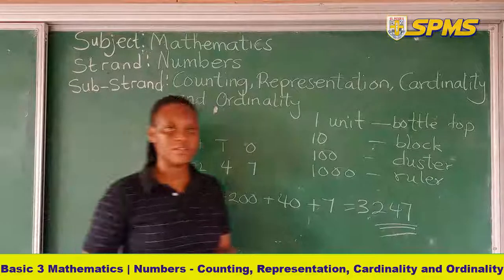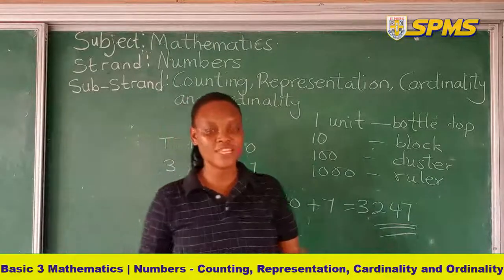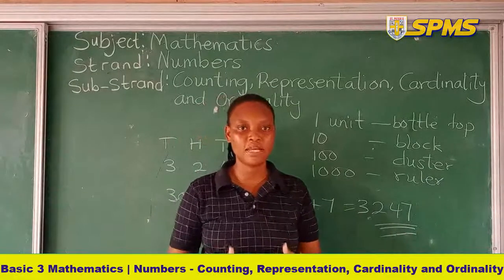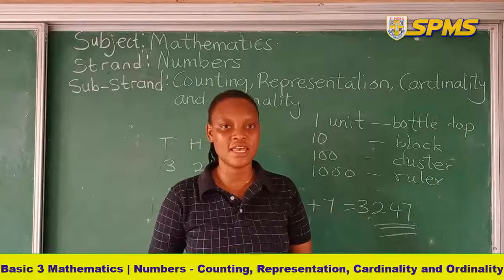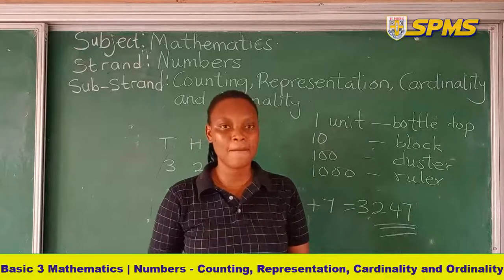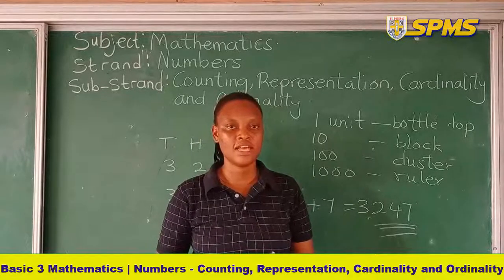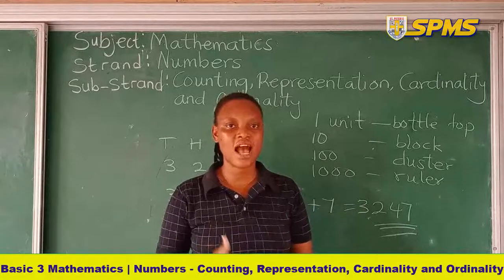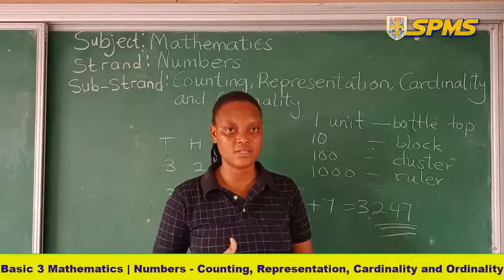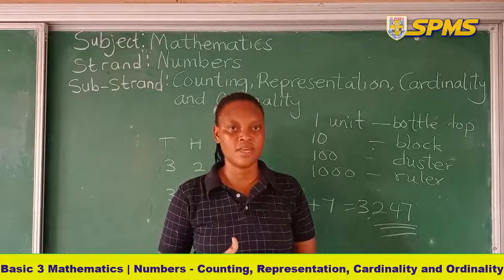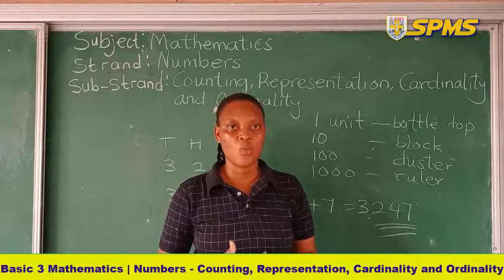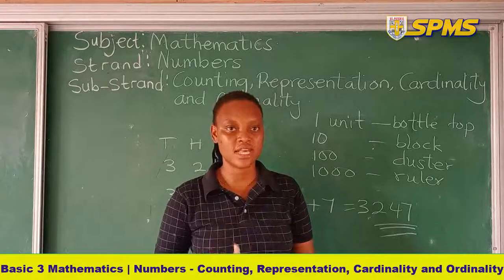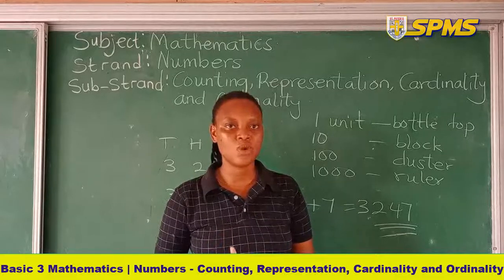So children, what have we learned today? Today we've learned about the place value concept and then the value of numbers. We've learned about the number frame, which is made up of the thousands, the hundreds, the tens, and the ones. And then we've learned that whenever there's 0 under the hundreds or the tens, we replace it with what?